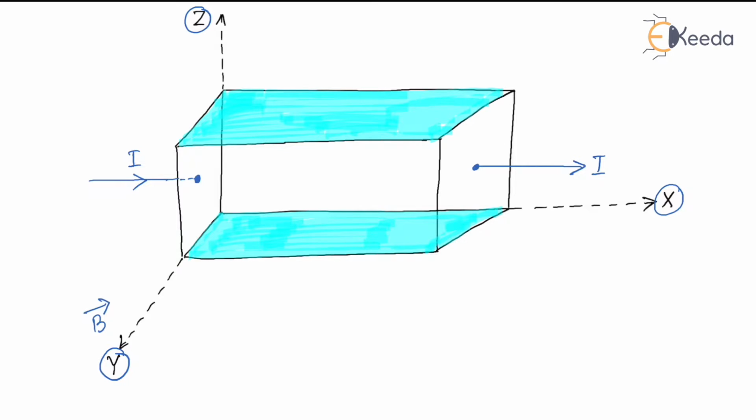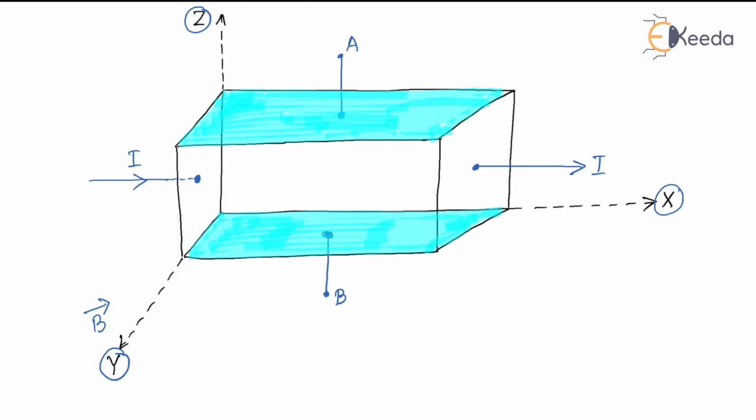So, a Hall voltage will be developed between this plane and this plane. We will get a voltage between point A and point B as V_AB, which is called the Hall voltage. Now, why has this Hall voltage been developed?